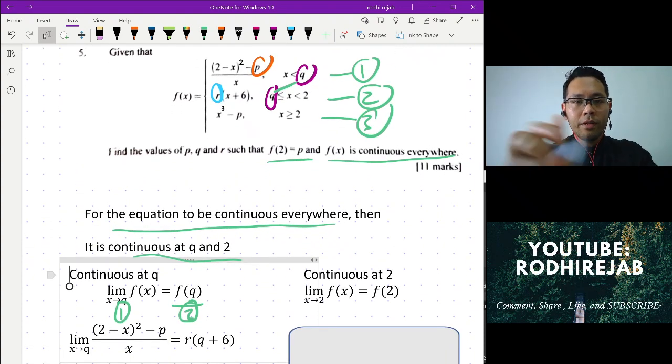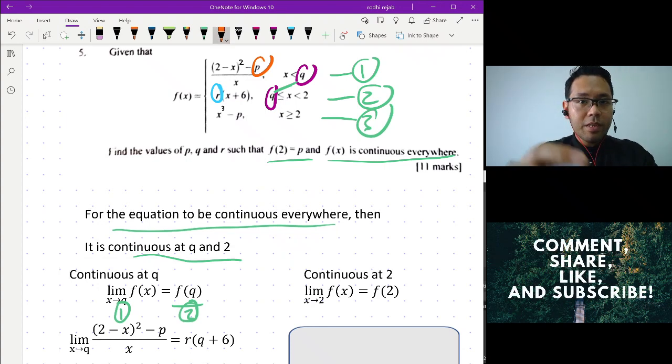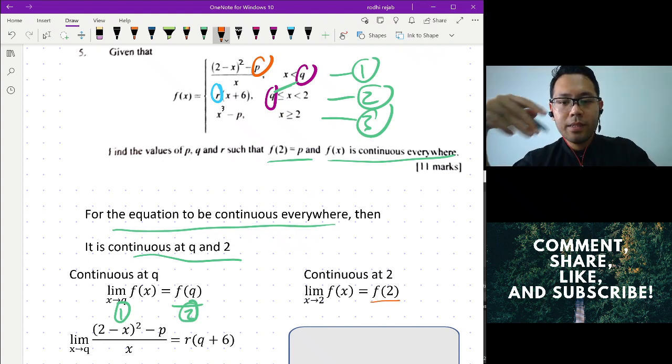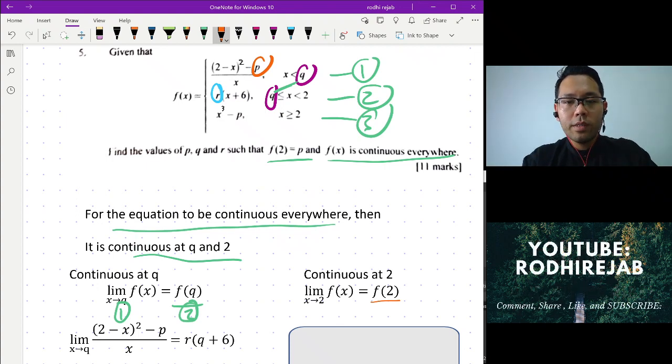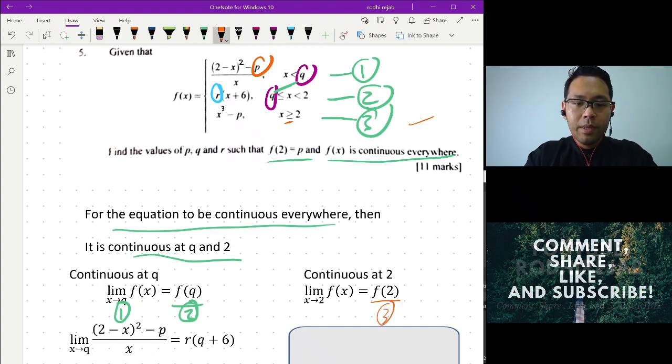Now let's have a look at the continuity at 2. Let's do the same process. You should start with f(2) first, because you should do the one with the equal. So which one has equal, equation 1, 2, or 3? It will be equation 3, because you can see here there's an equal over there. So this one is equation 3, and the left hand side, x approaching 2, will be equation 2.